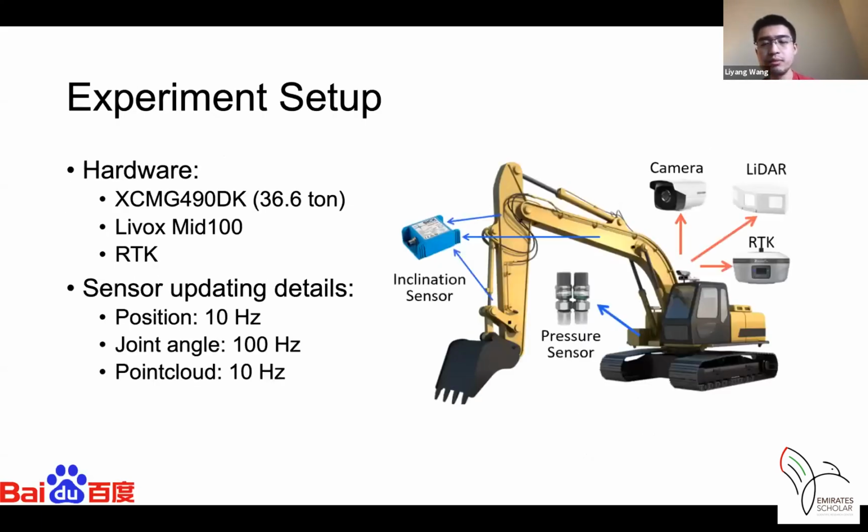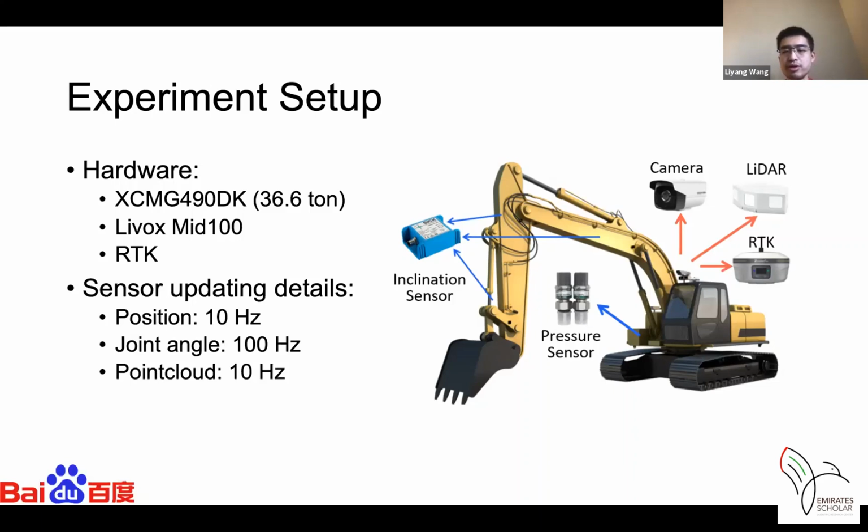So then let me introduce our experiment setup. In the real experiment, we use the XCMG 490DK model. And we use the Liangjun 100 LiDAR and RTK. We also have the inclination sensor to detect the angles for each joint.